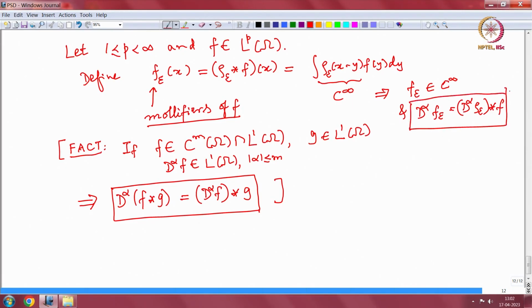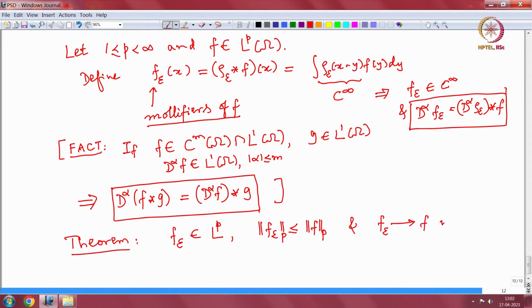We want to show the theorem: the norm of f epsilon in LP is bounded by the norm of f, see, these approximations are under our control, which is very important in applications, and f epsilon converges to f in LP.